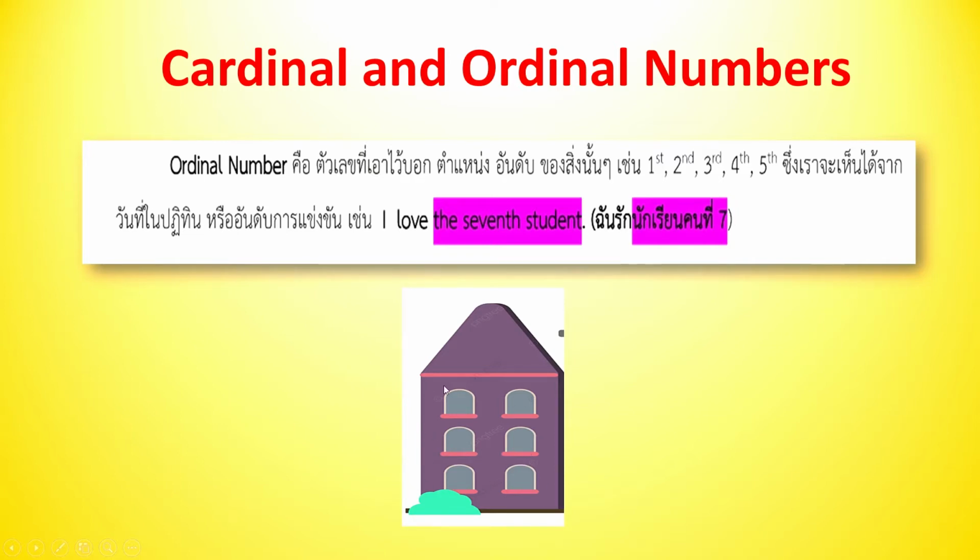And this is the third floor. All of these numbers that I said tell the position of different floors in the building. Okay, now I'm sure that all of you know what is different between cardinal numbers and ordinal numbers.